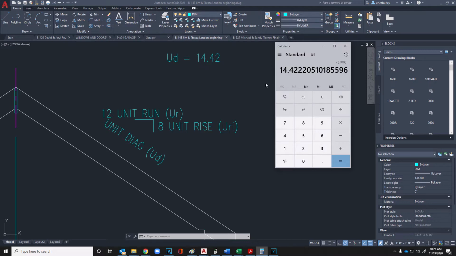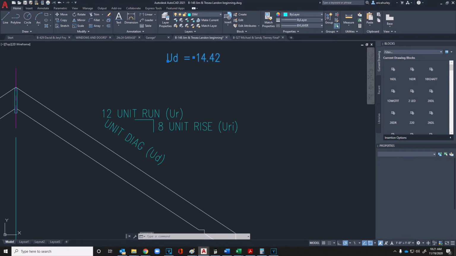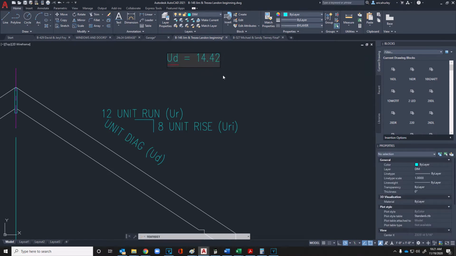But now we see that this number is huge. So I'm going to copy that, and I'm just going to add it to this. So it is actually equal to this big long number here. All right, so we'll see if these two numbers work out differently.